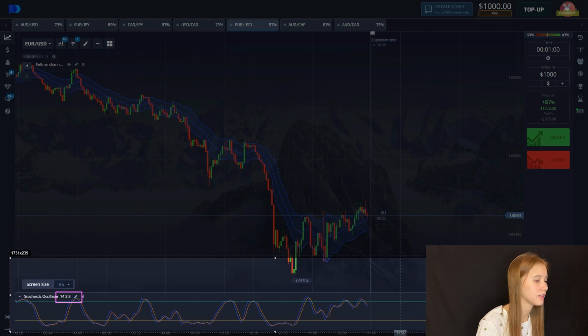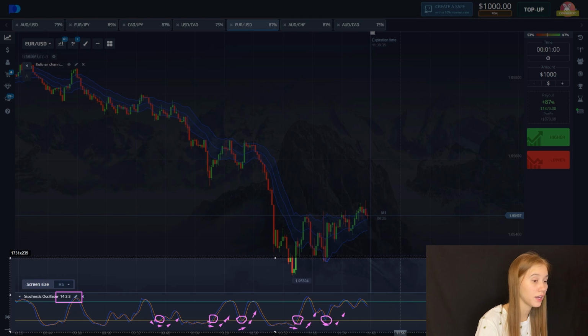How to work with it correctly? The entry is from the oversold zone. This area is marked 20, on a rebound from it from the bottom up. So I think you understand it works about the same as RSI.